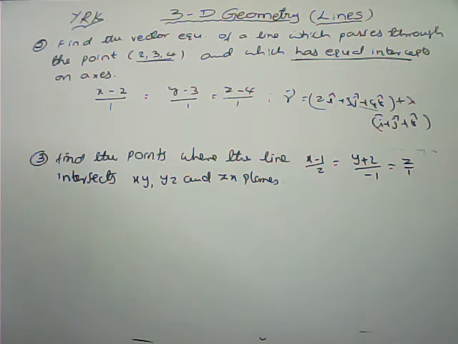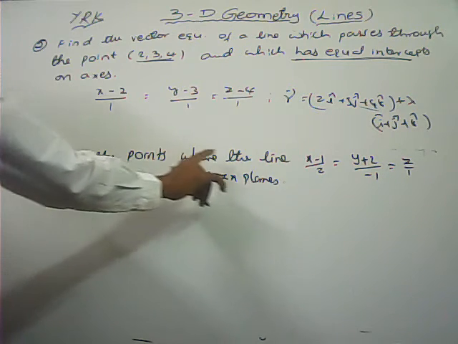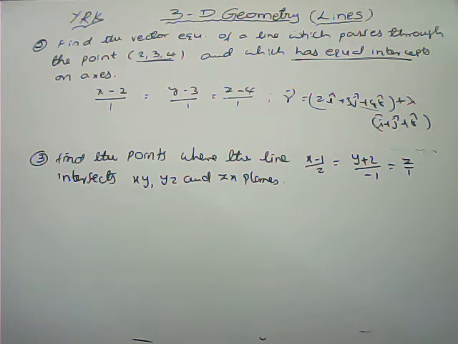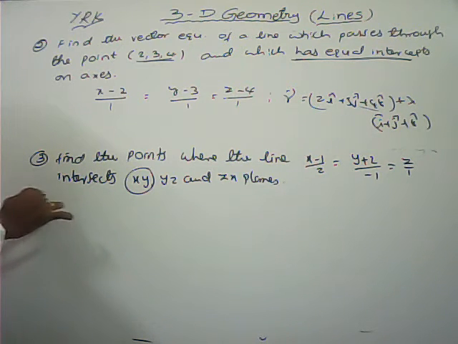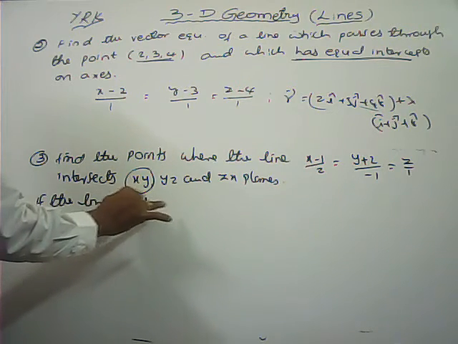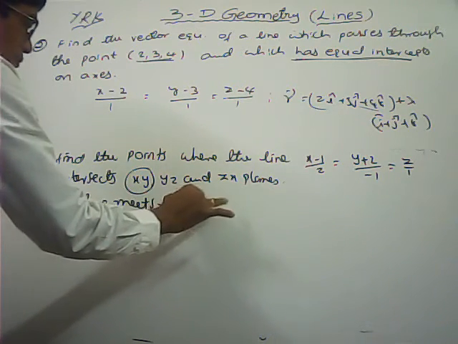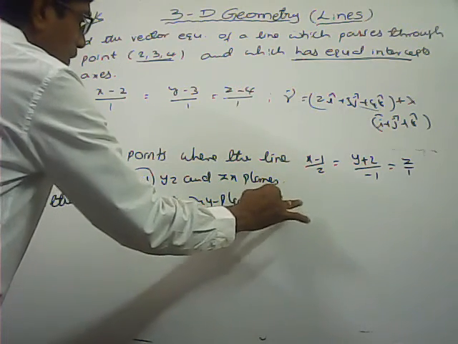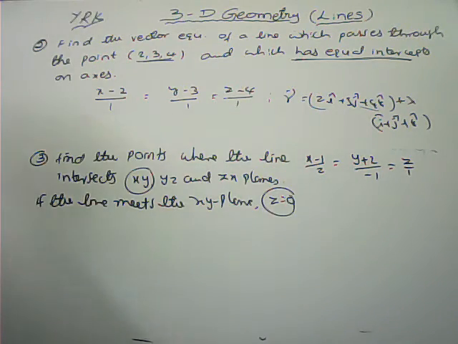Next one: find the points where the line intersects the xy plane, yz plane and zx plane. If the line meets the xy plane, on the xy plane the z coordinate is 0, so put z equals 0.